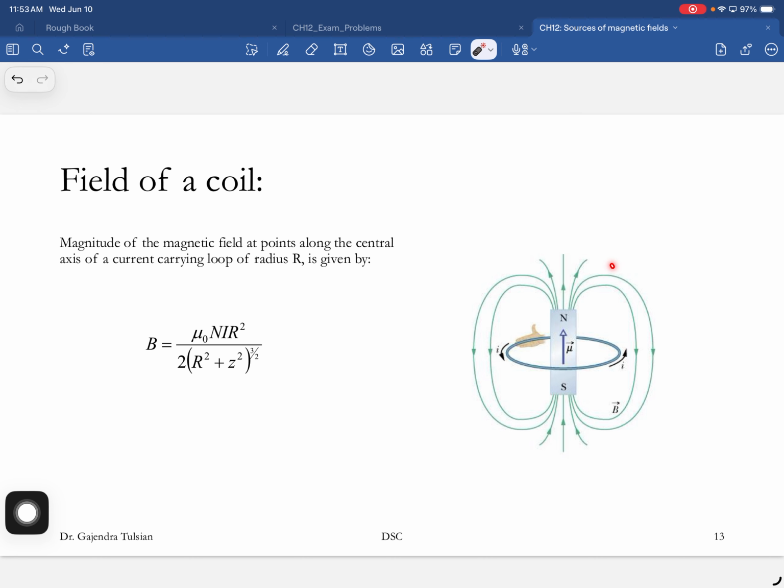You can't do that integral for this point, that point. For points along the axis, that integral has been done, and there's the value of the integral. R is the radius of the loop, Z is the vertical distance from the plane of the current loop.